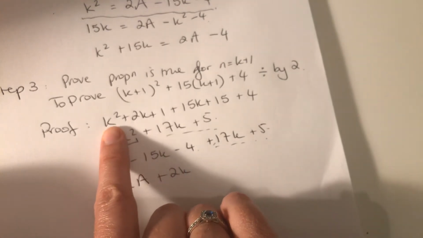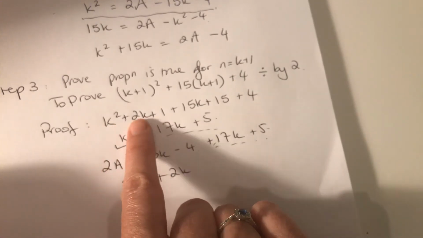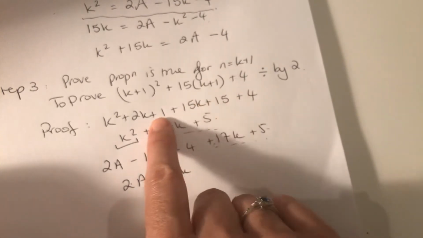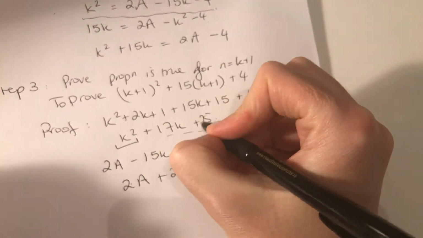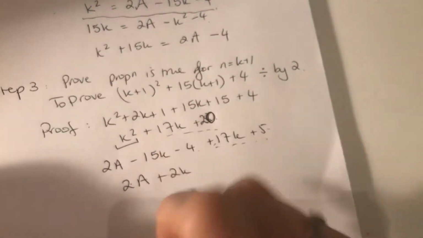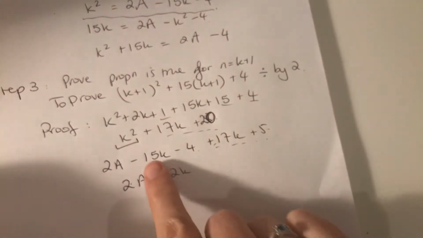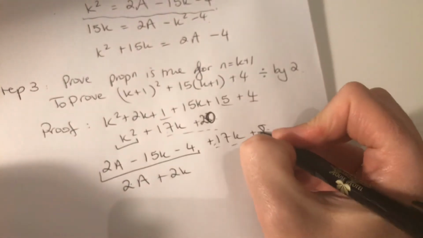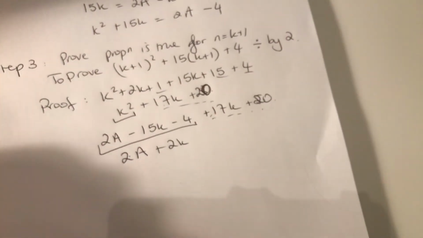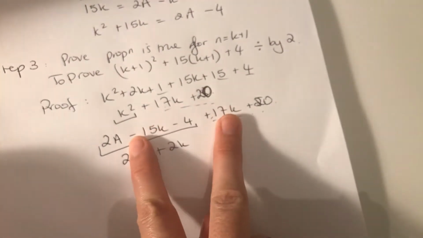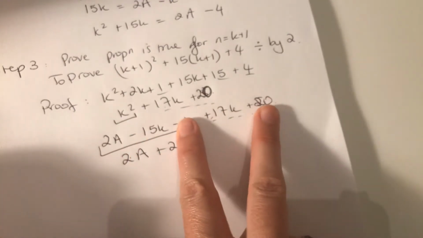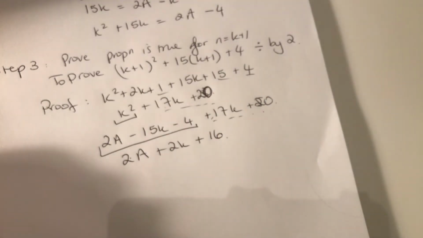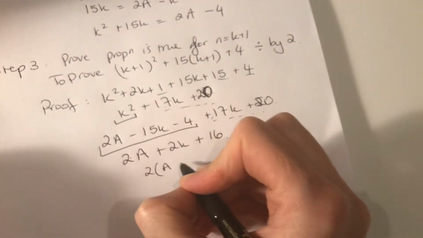So k squared plus 17k plus 5 plus 5 plus 20 is what that is there. Sorry, so I never added up all that. So then there's my k squared plus 17k plus 20. 2a plus 2k, and then that's plus 16. Is that divisible by 2? Yeah.